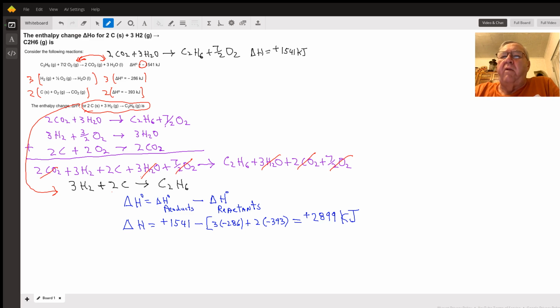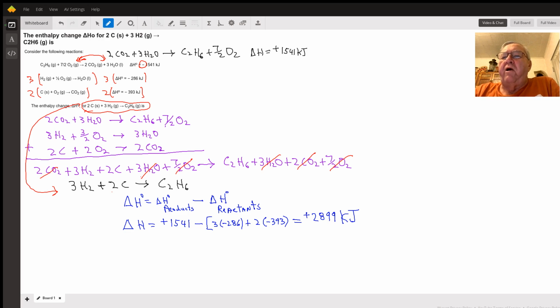So I had 2 carbon dioxides on my reactant side. It canceled those 2 on my product side. I had 3 waters on each side. They canceled out. And I had 3 halves O2 here, and I had 2 O2 here, and that made 4 halves.